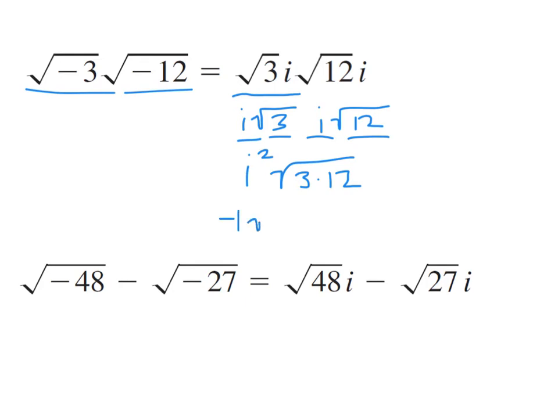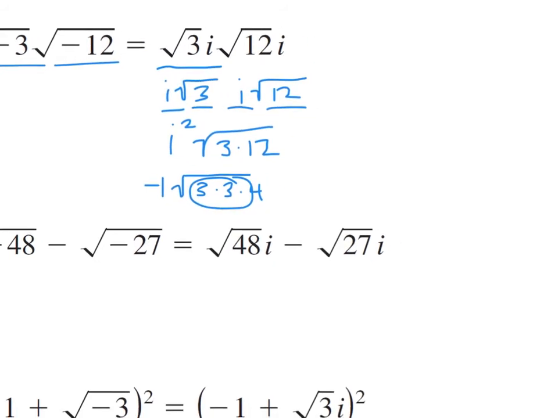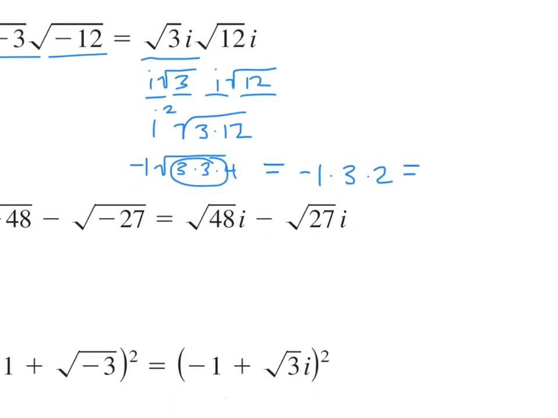And then we can break down this 3 times 12 as 3 times 3 times 4. Since we have a pair of 3's, we can take out the pair of 3's. So we have negative 1 on the outside times 3. And then we have the square root of 4, which we know is 2. And then we have nothing under our square root, and then we just simplify. So our answer here would be negative 6.